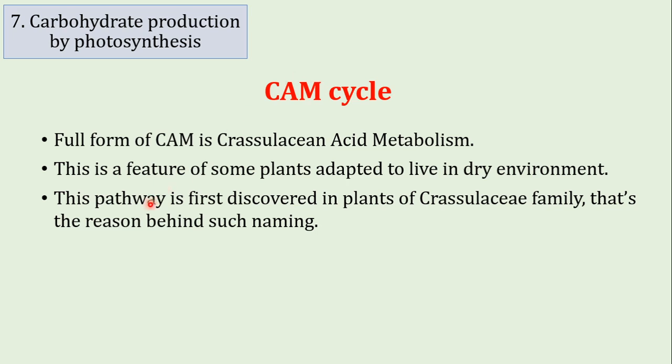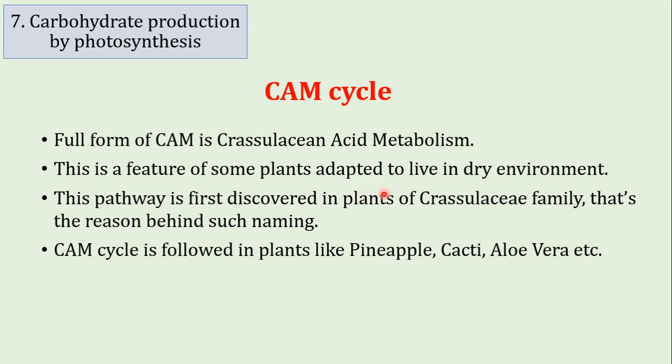Because this pathway of carbon reduction was first discovered in plants of the Crassulaceae family. That's why this chemical cycle is called Crassulacean acid metabolism. The CAM cycle is not found exclusively in plants of the Crassulaceae family, but also in some other plants like pineapple, cactus, aloe vera, etc. Cacti is the plural form of cactus.